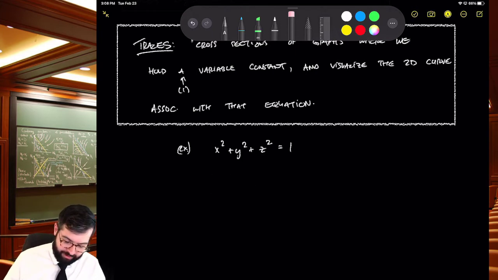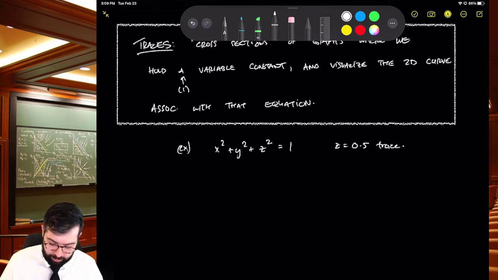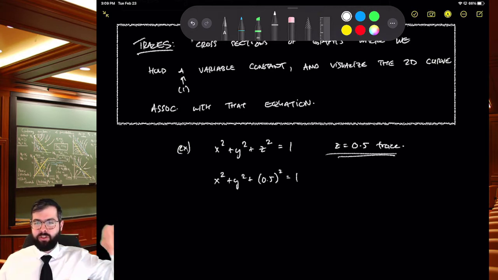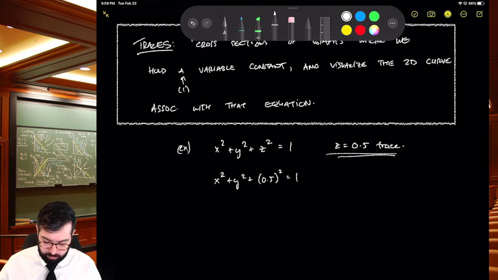So if we had the z equals 0.5 trace, what would happen? Well, we pretend that z is a constant 0.5. So then x squared plus y squared plus 0.5 squared equals 1 gives us a resulting 2D curve that we can draw. This is going to be a quarter, and we subtract it to the other side, and you get x squared plus y squared equals 3/4.